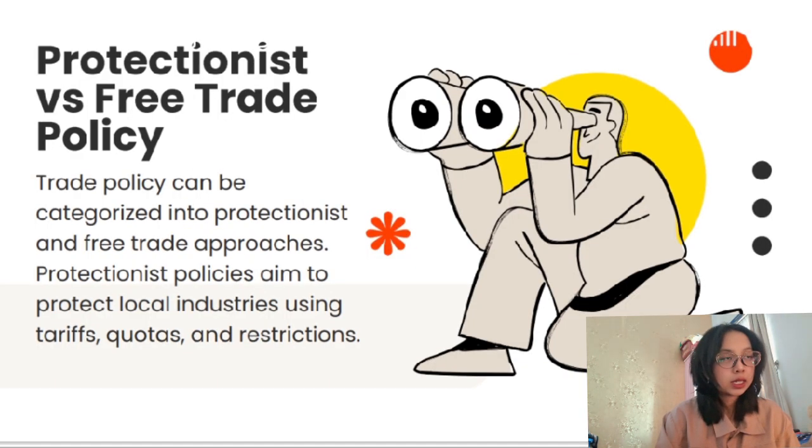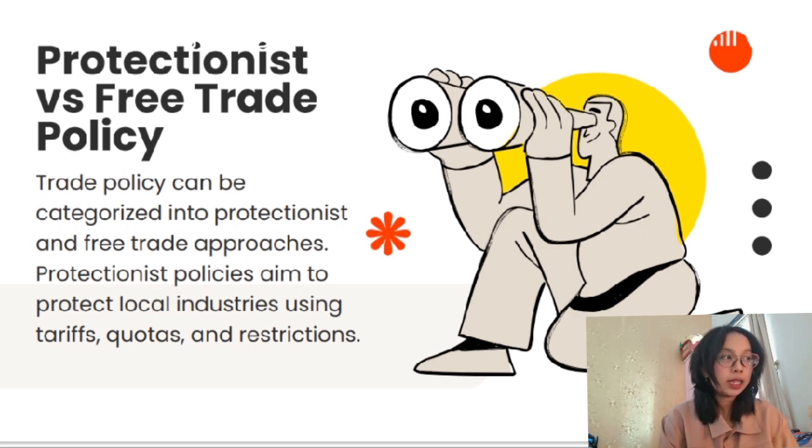Next, protectionist versus free trade policy. Trade policy can generally be categorized into protectionist and free trade approaches. Protectionist policies aim to protect local industry using tariffs, quotas, and other restrictions. These policies help domestic business grow, but may increase prices for consumers.